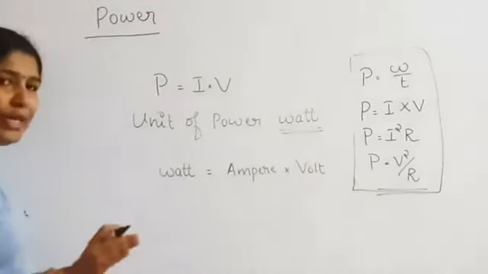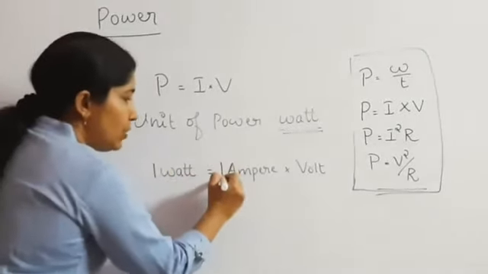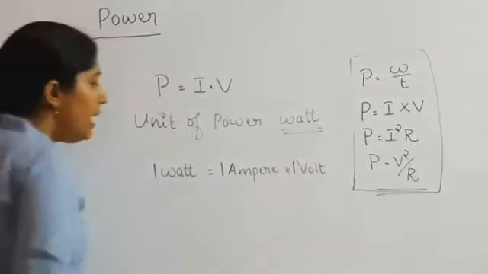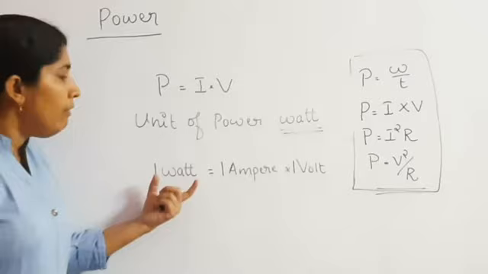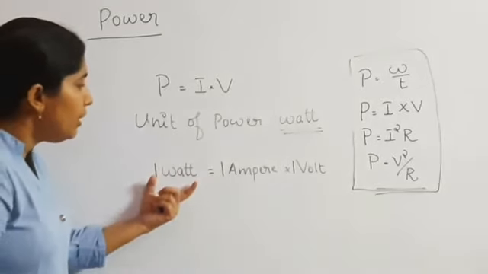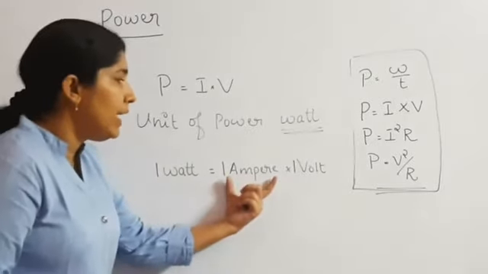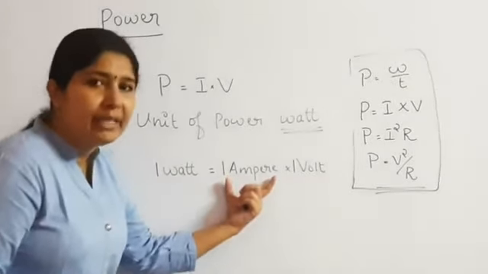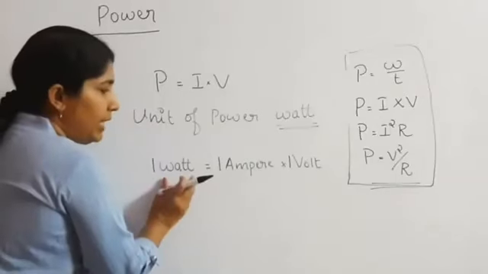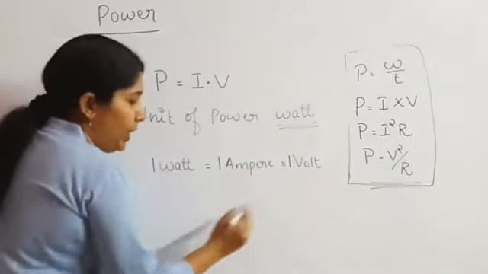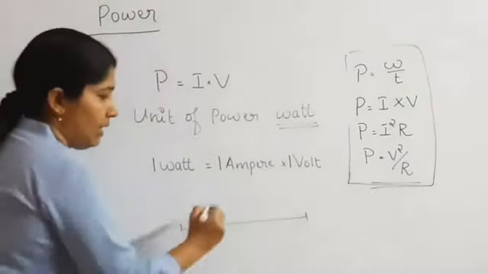To define watt, we put 1 here, 1 here, and 1 here. Now we can define 1 watt. 1 watt is the power of the circuit when 1 ampere current flows through a conductor having a potential difference of 1 volt across its ends.